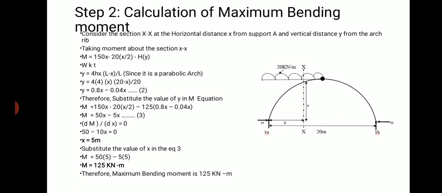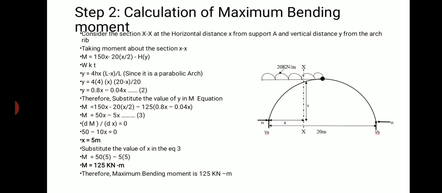But in order to analyze the forces and also the bending moment, I also need the magnitude of the horizontal reaction. In order to find the reaction in the horizontal direction, I need to consider the moment at the crown, so I can calculate the magnitude of the force in the horizontal direction.